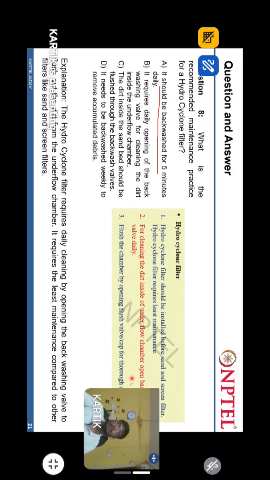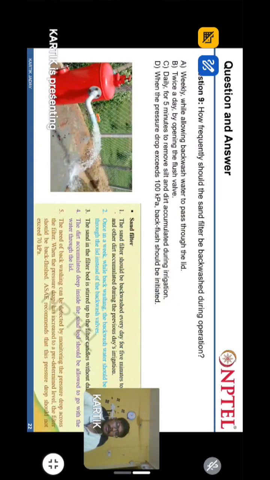So we need to open the backwashing valve daily in the case of the hydrocyclone filter, and flush the chamber to remove the clogging materials. So, which option is correct here? We need to clean and backflush every day. So the correct option is B. It requires daily opening of the backwashing valve for cleaning the dirt.